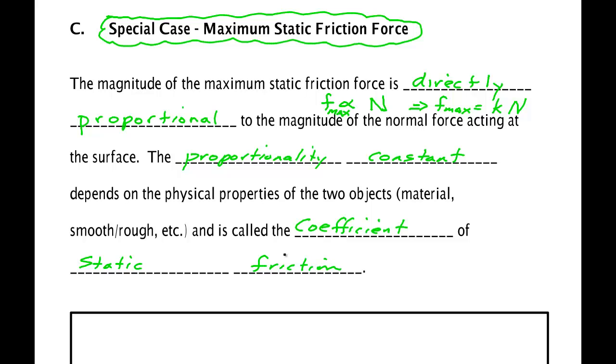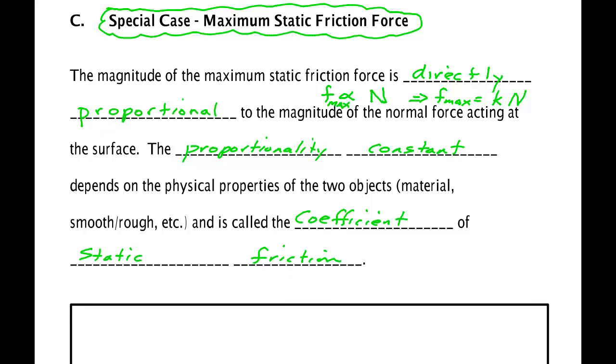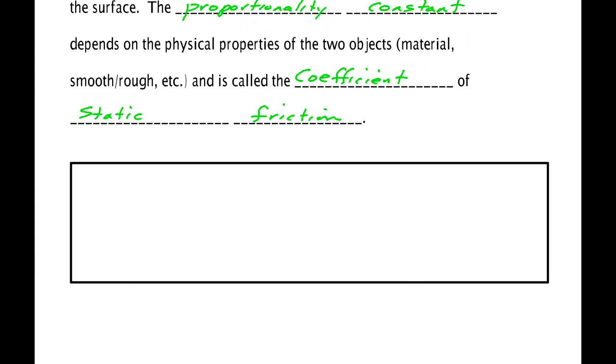And we don't use the symbol K, just like we don't use the symbol K in the case of force and acceleration. We use M. Here we're going to use a Greek M called mu. So this coefficient, the symbol for that is mu, and generally there's a little s because there's a coefficient of kinetic friction. So most of the time they put a little s to tell you they mean static.